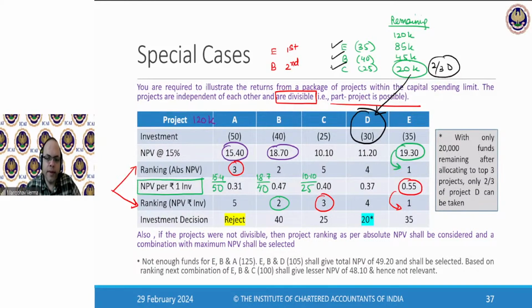Everyone with me on this? Everyone okay? So the answer here is E, B, C, and 2 by third of D as well. So my investment decision is E, B, C, and we are also selecting 2 by third of D when the projects are divisible, because you were left with 20,000.